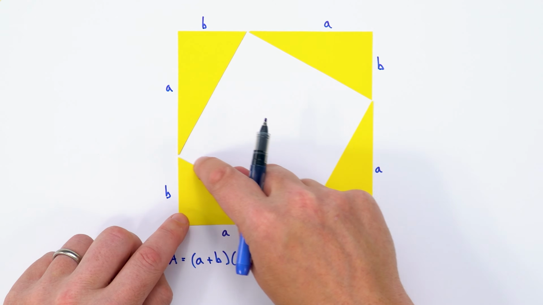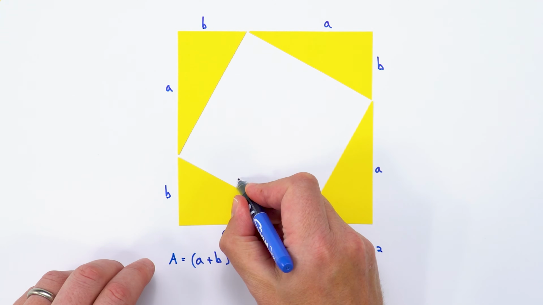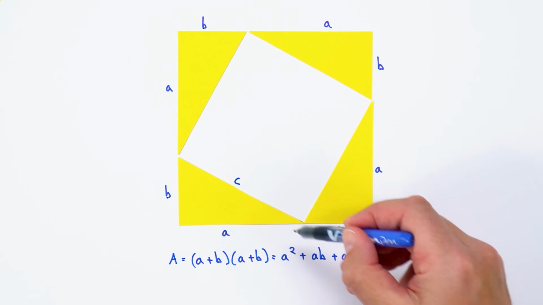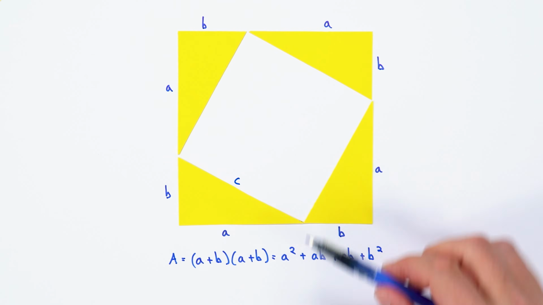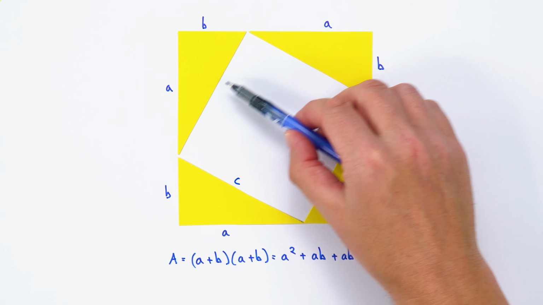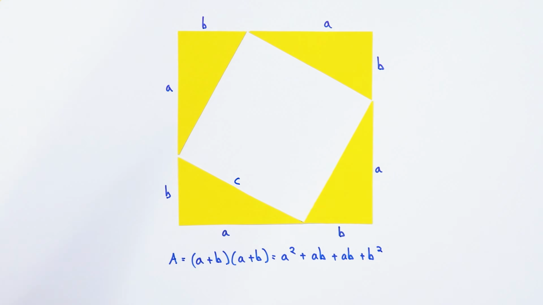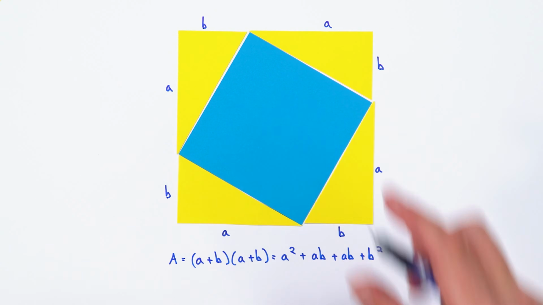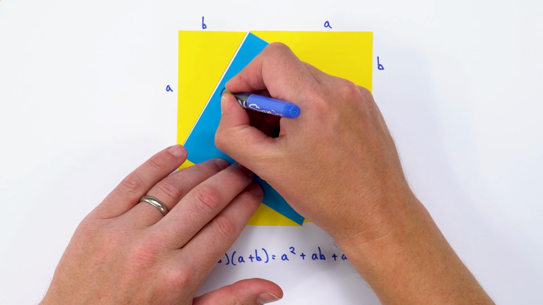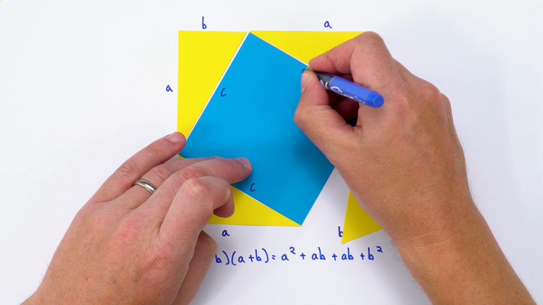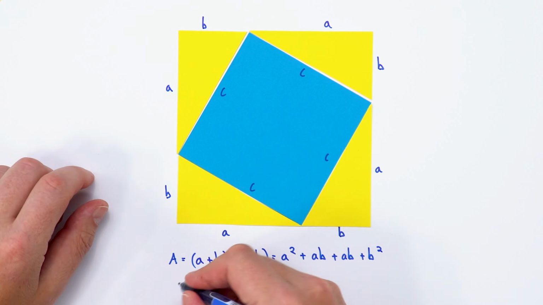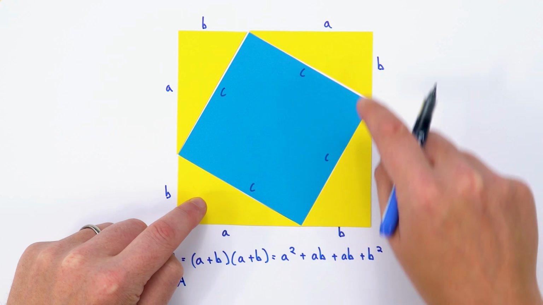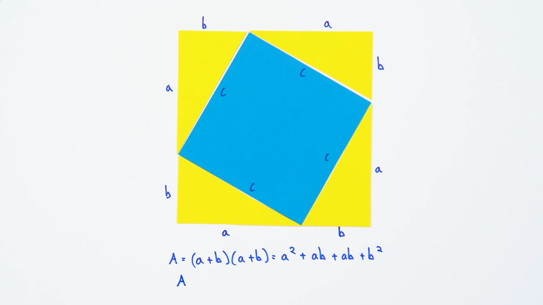Now let's say that the long side of each of these triangles was equal to C. We can also see that we've made another square in the middle, and it must be a square because that side is equal to that side, which is equal to that and equal to that. So I've cut it out of cardboard and we've now got another square in the middle. Now the length of each of the sides here is equal to C, which means another way to work out the area would be equal to the area of this triangle plus that triangle plus that one plus the square as well.